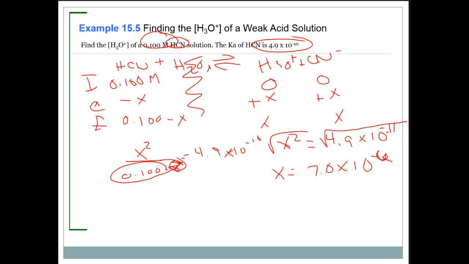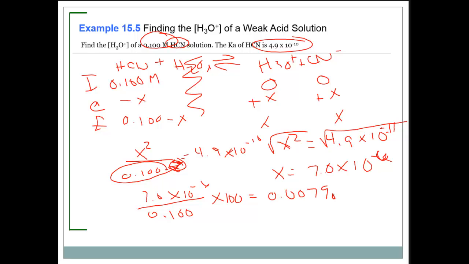I want to double check my assumption here. If it's within 5% of the original concentration, we're okay. So 7.0 times 10 to the negative 6 divided by the original concentration of 0.100 times 100 comes out to be 0.007%.